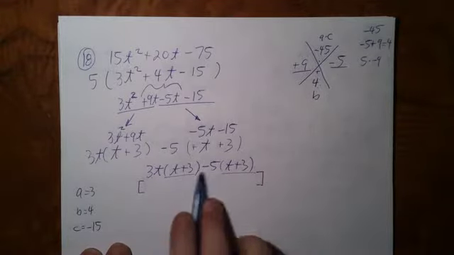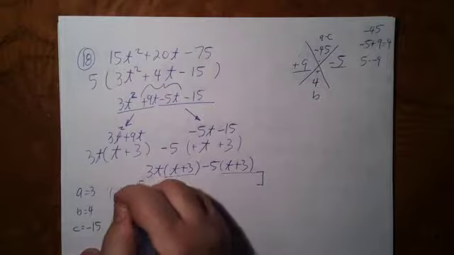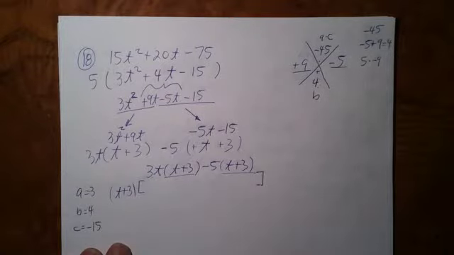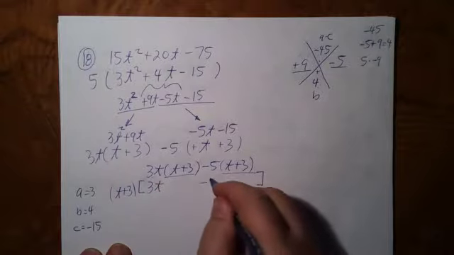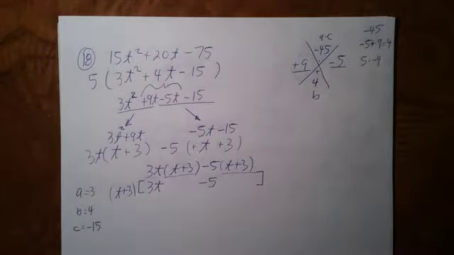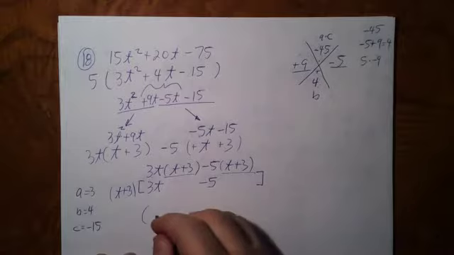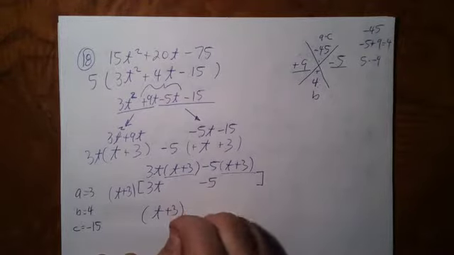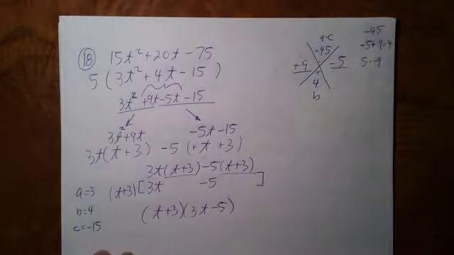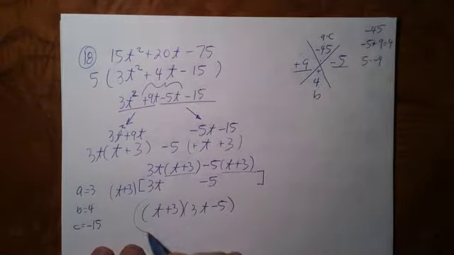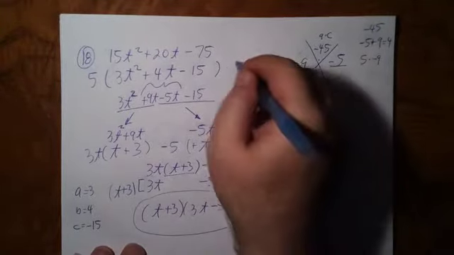When I want to factor out this common binomial of t plus 3, it's easier to see that all that remains behind is 3t minus 5. So let's consolidate this now to get t plus 3 times 3t minus 5 as the pair of binomial factors that we need from here.